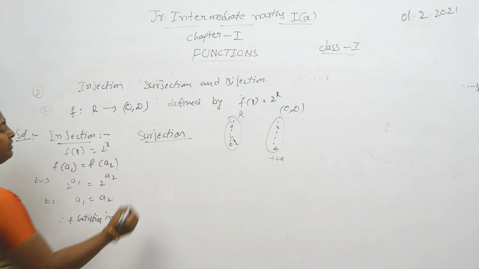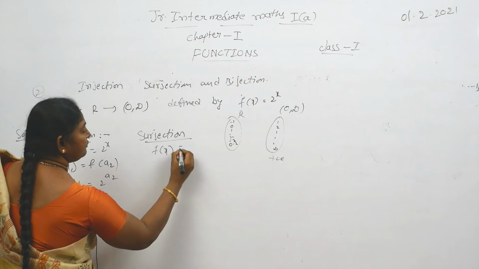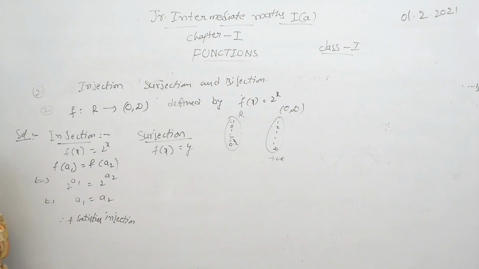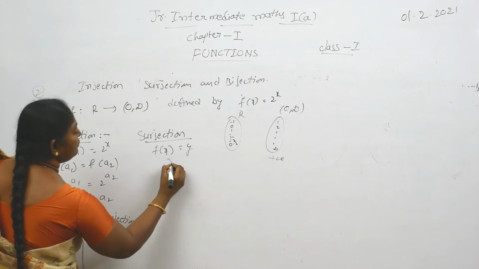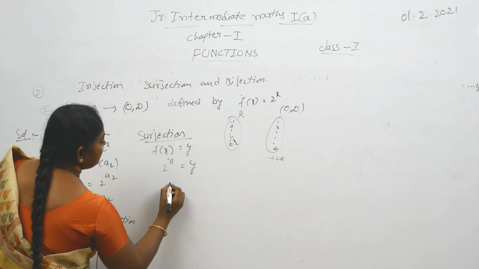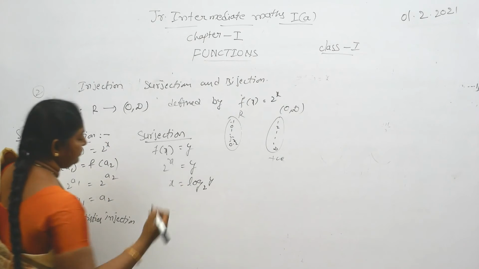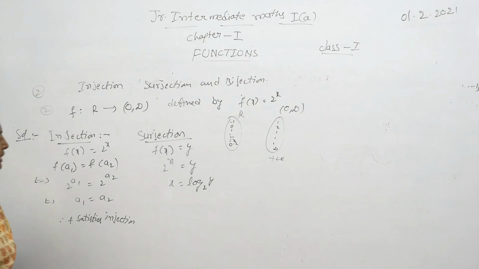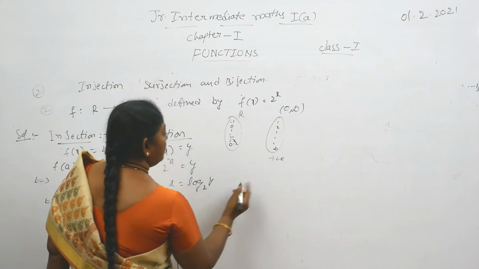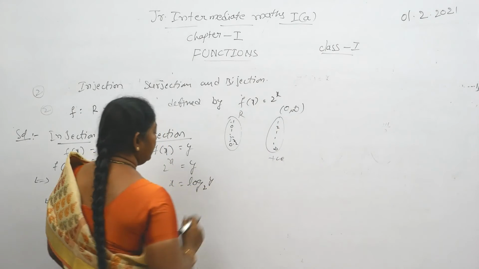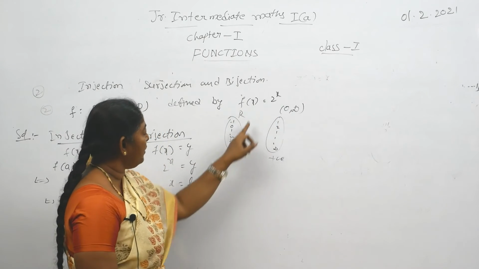Surjection. So f of x equal to y. Here f of x equal to 2 power x equal to y. So x equal to log y base 2. So here the y values are all positive numbers.